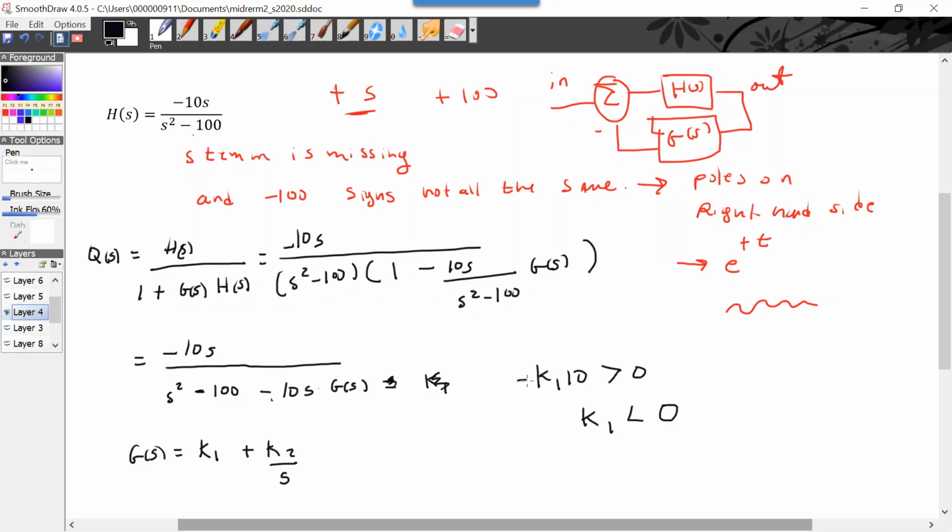So that condition is all on its own. I don't have to worry about the rest of it. All right. And then over here, I have minus 10s times K2 divided by s, right? Minus 100 has to be greater than 0. The s's cancel, right?